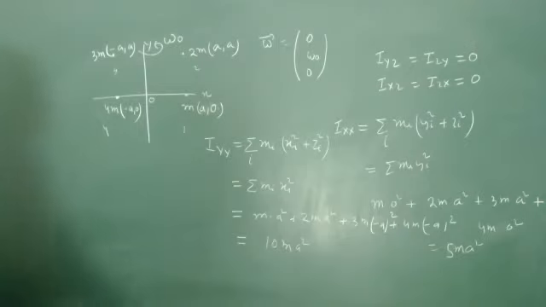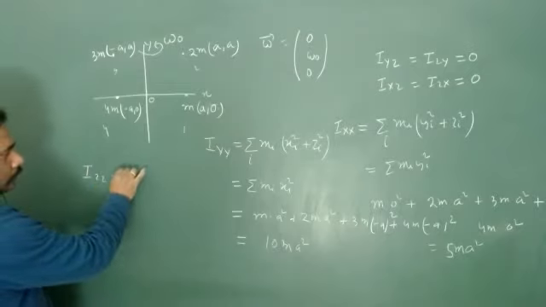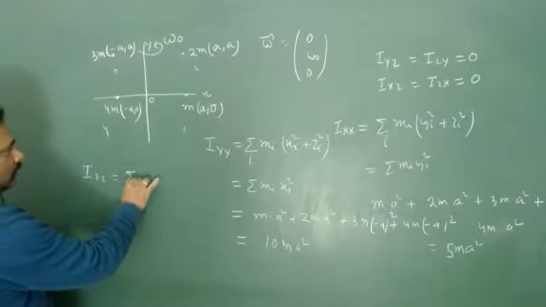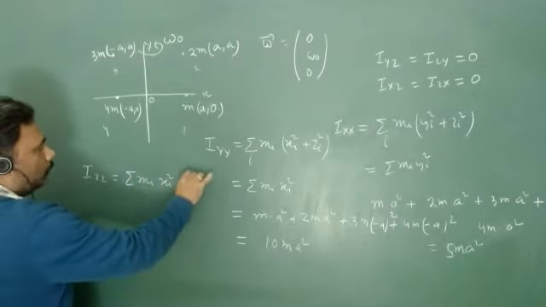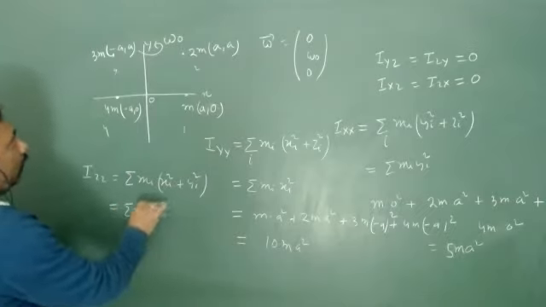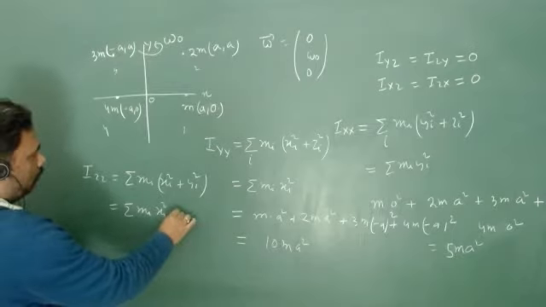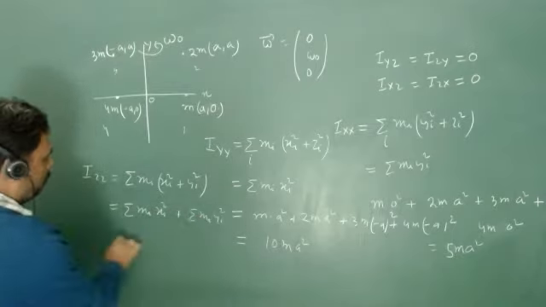Now what will be Izz? Summation over mi xi square plus yi square. So you can just go for summation over mi xi square plus summation over mi yi square.